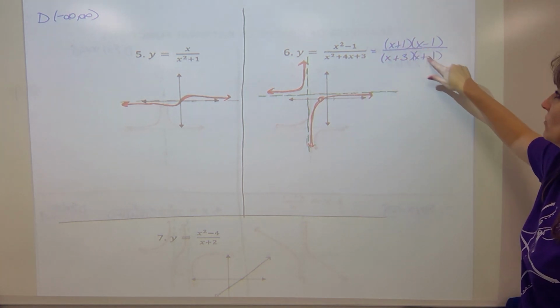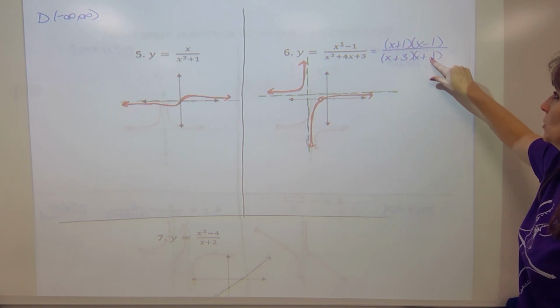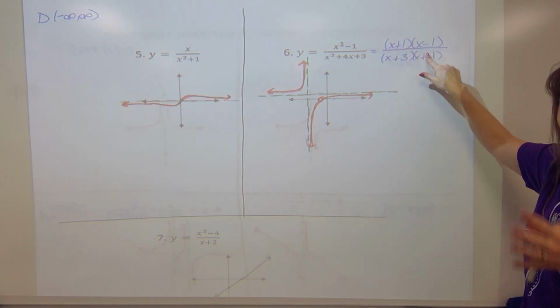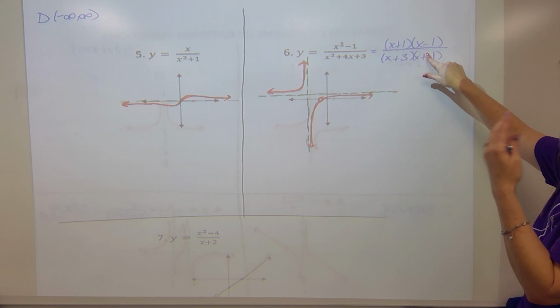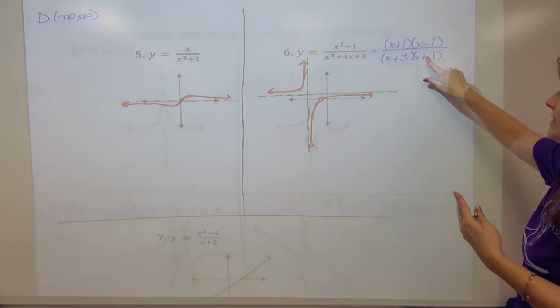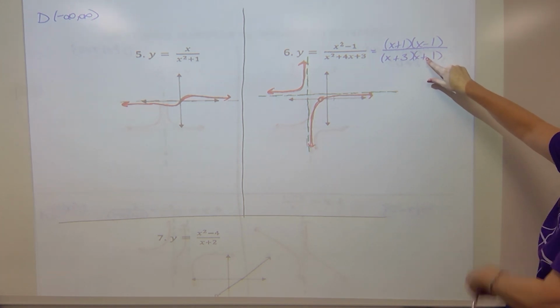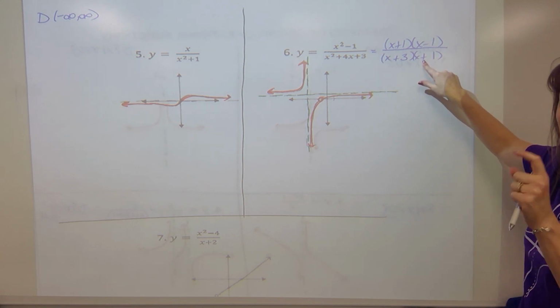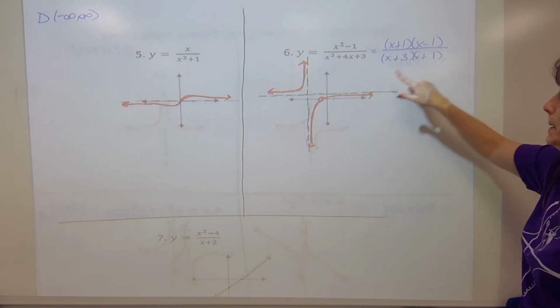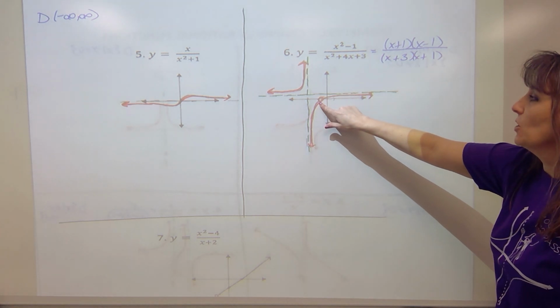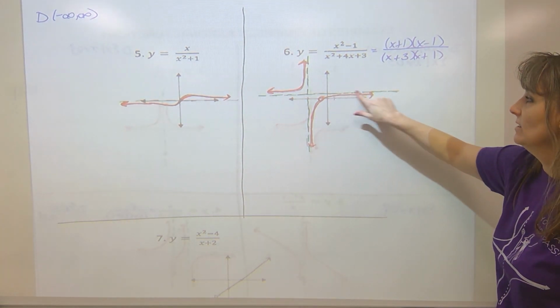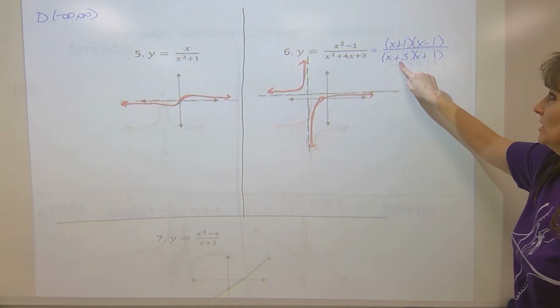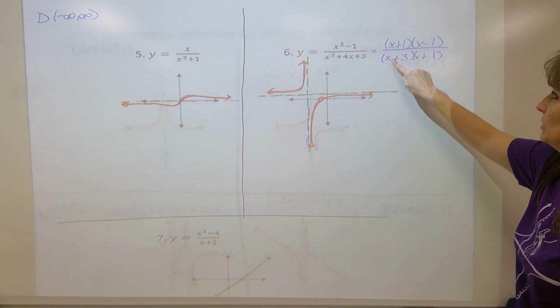I can factor that out, which means this value, if I set it equal to 0 to see what to exclude from my denominator, factors out when I put the function in lowest terms. If I set this equal to 0, I get x is equal to negative 1. That negative 1 is the value for the hole in the function. This factor will not factor out.